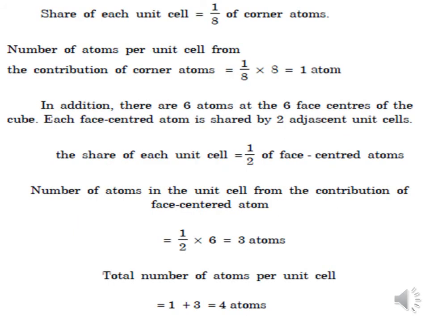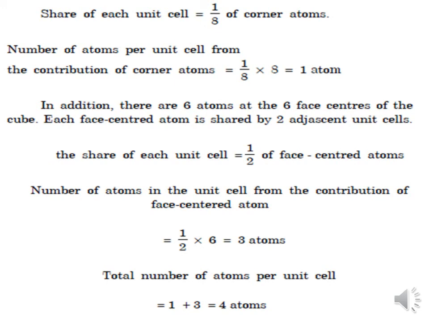Next, the figure shows the FCC crystal structure. The share of each unit cell is equal to 1 by 8 of corner atoms. Number of atoms present per unit cell from the contribution of corner atoms is equal to 1 by 8 into 8. Simplify this equation, 1 atom. In addition, there are 6 atoms at the 6 face centers of the cube.